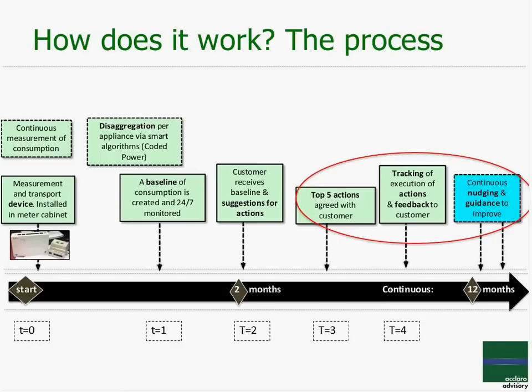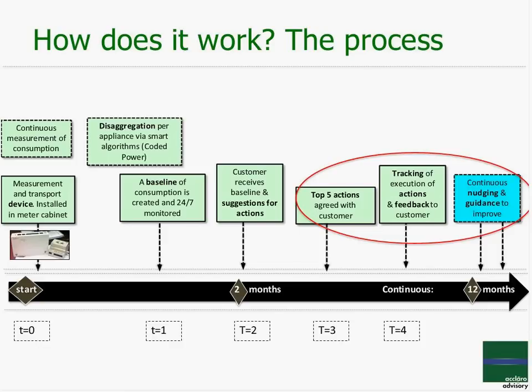The process itself: there's a time at the beginning where the system needs to learn and understand how energy is being consumed in the building, and to reaffirm the algorithms which have been set up so that we can definitively say that they are accurately measuring the right types of equipment that are in place.